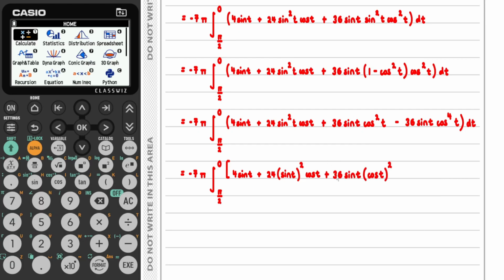This term here I can write as 36 sine t and then cos t squared, and this term here I can write as negative 36 sine t cos t to the 4. The reason for that is because the differential of the bracket is outside of the bracket, and that allows us to use the reverse chain rule.